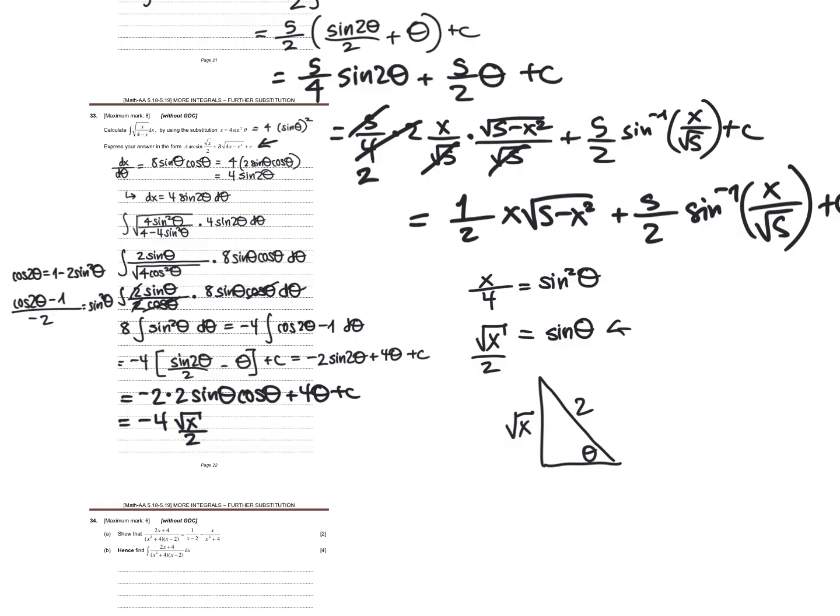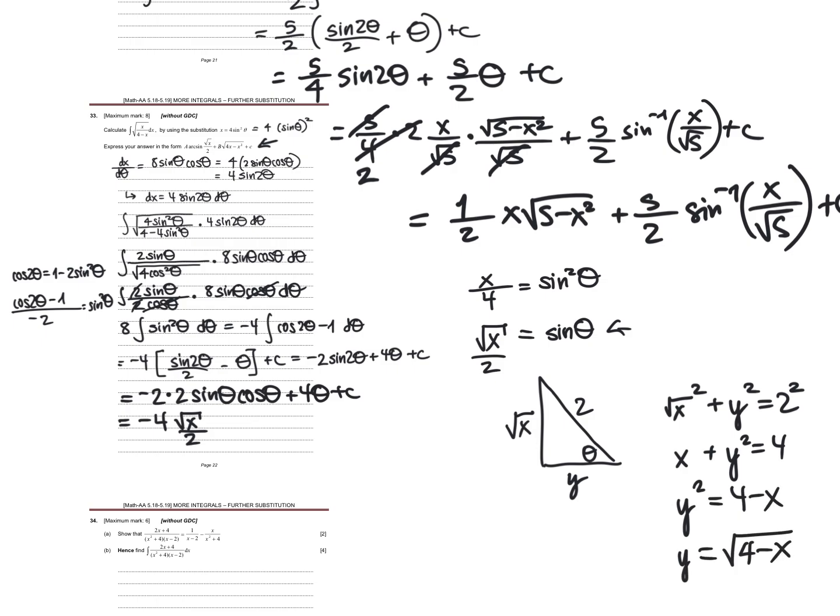So we've got sine theta. That's square root of x over 2 from this. So if this is theta, this is square root of x over hypotenuse 2. So square root of x squared plus y squared equals 2 squared. No, sorry. So x plus y squared equals 4. So y squared is 4 minus x. So y is root 4 minus x.